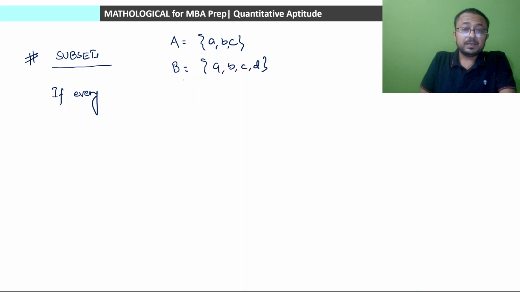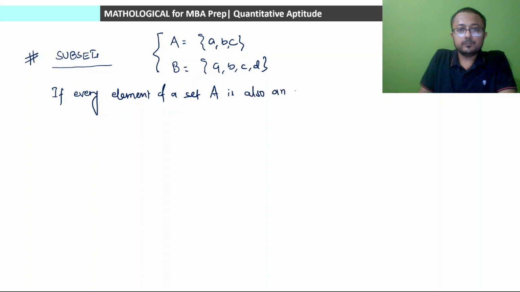If every element of A is also an element of B, in such a case we say that A is a subset of B.